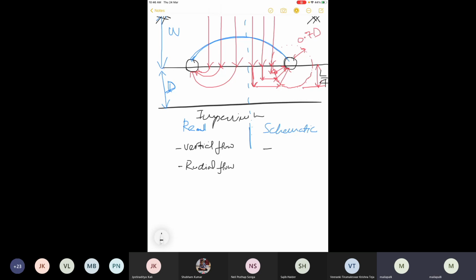So in the schematic, theoretical model, we consider three flows: vertical, horizontal, and radial. The vertical and horizontal would be below and above the flow paths.